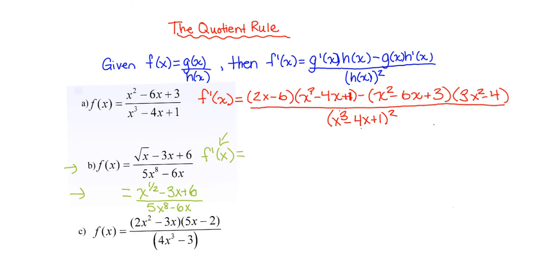So now we're going to follow our rule. So we're going to take the derivative of the top. So the derivative of the top is going to look like 1/2 x to the negative 1/2 minus 3. Multiply that by the bottom.